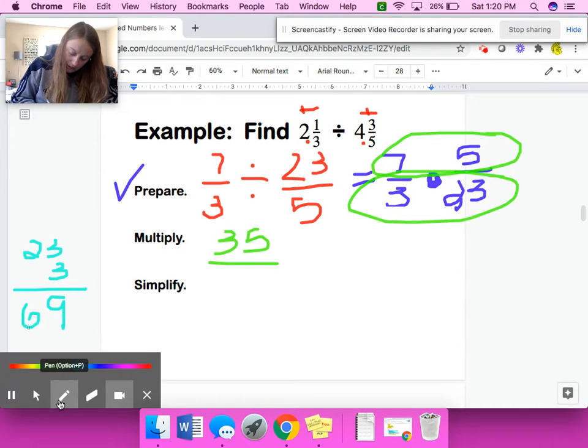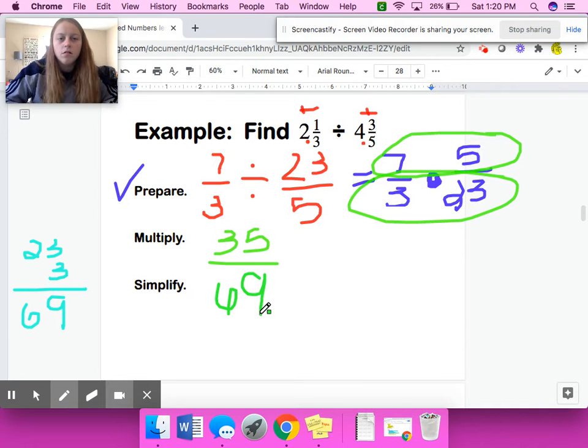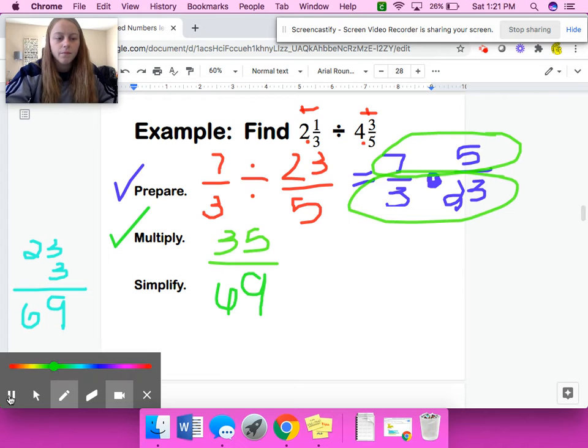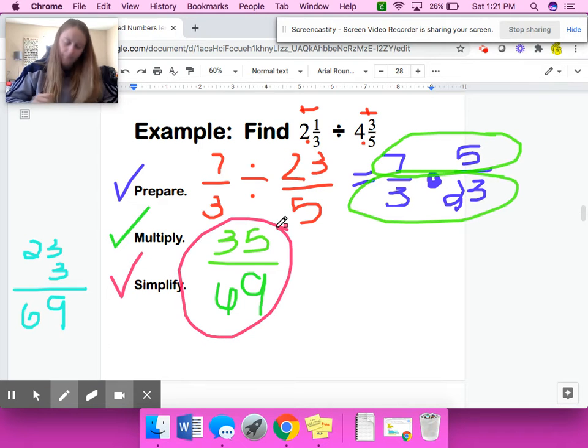So that gives me 69. 35 over 69. I've multiplied. And in this case, I looked, and there's nothing I can pull out of a 35 and out of a 69. So my answer is, in fact, simplified.